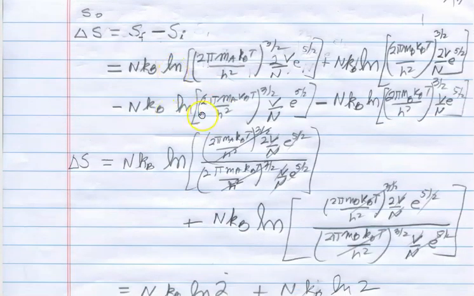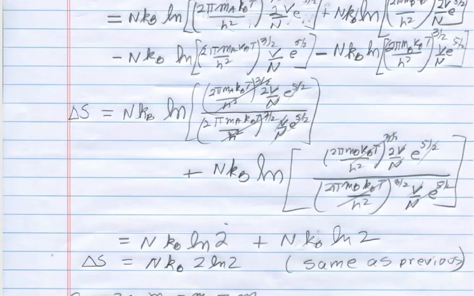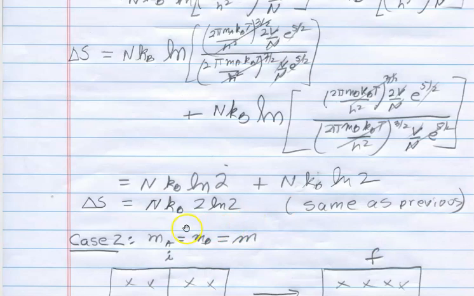So this log minus this one can be written as this, and I get lots of cancellation. Everything cancels except for this factor of 2, and likewise this one minus this one can be written as the ratio of those two arguments. Again, mass B's cancel, so I get natural log 2. And we get a reassuring change in entropy in this case: it's just 2 natural log 2 of N kB, which is the same as the thermodynamic result would have given. And that, I think, is somewhat reassuring.